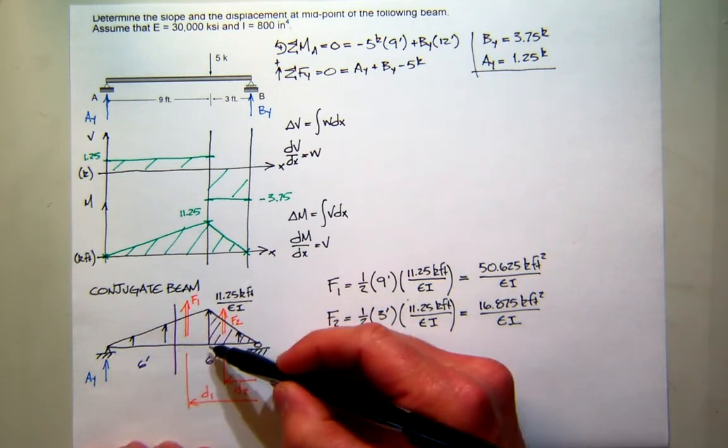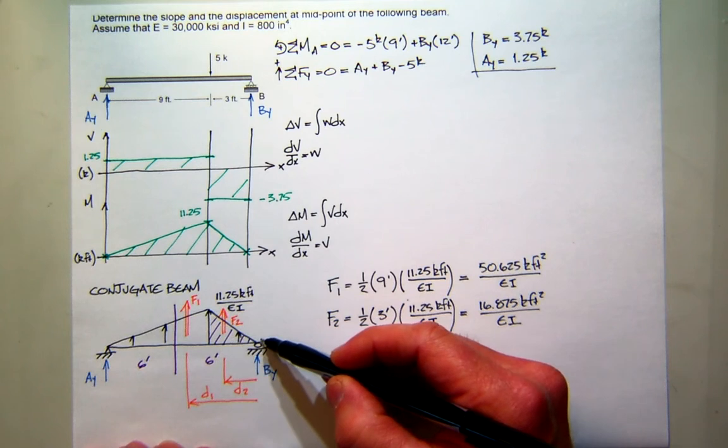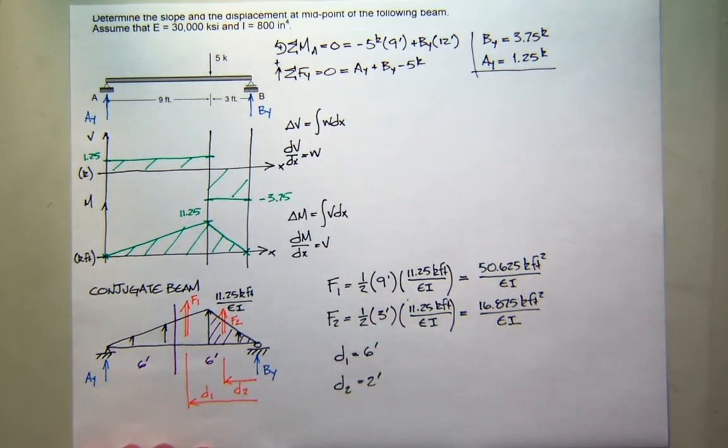So the base is 9, 1/3 of that is 3, but we have to reference it back to B, so that's plus 3 more. So it becomes 6. Okay? That pesky geometry, right?